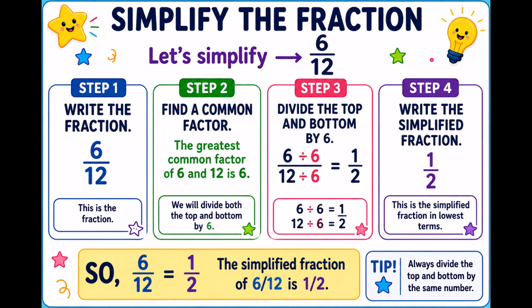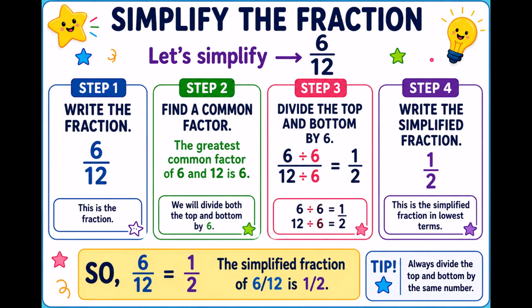Step 3, divide the numerator and denominator by the same number, which means divide the top number, 6, by 6. So 6 divided by 6 equals 1. Divide the bottom number, 12. 12 divided by 6 equals 2. This gives us the new fraction, which is 1 over 2, which is half.